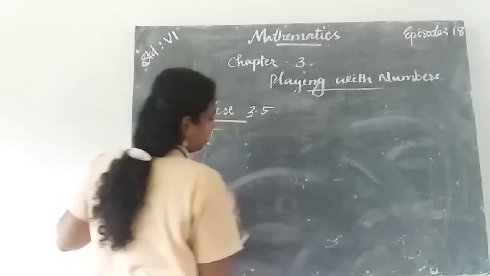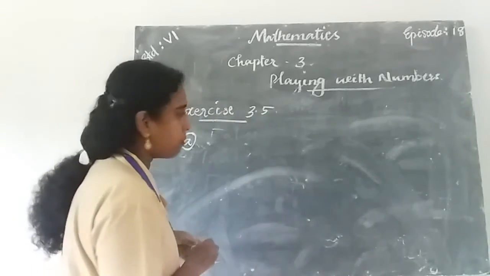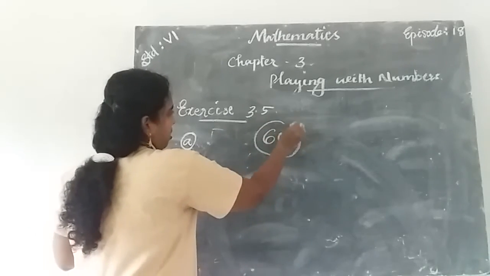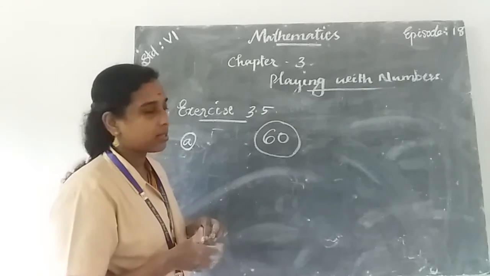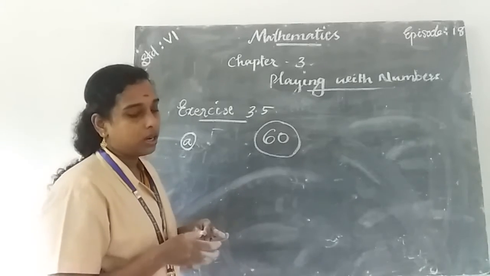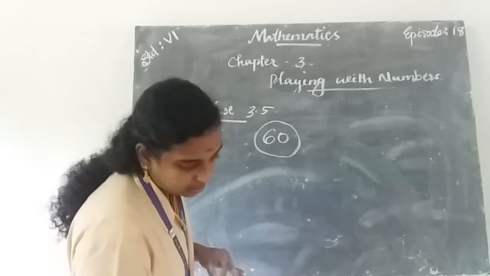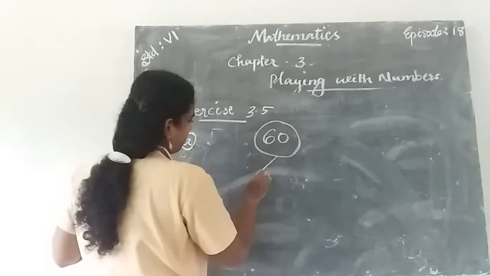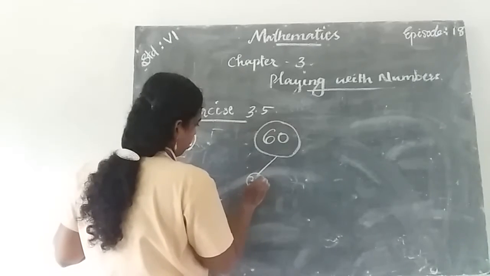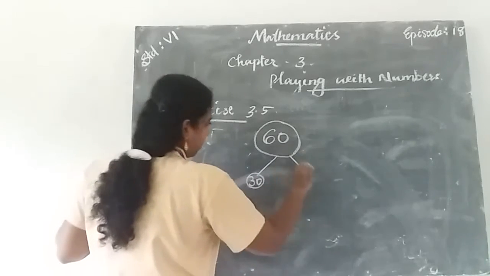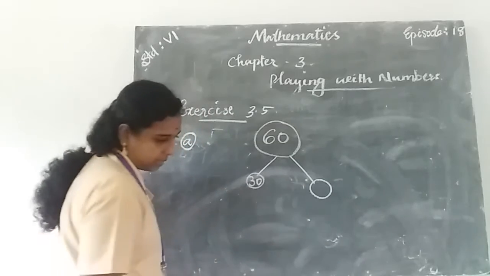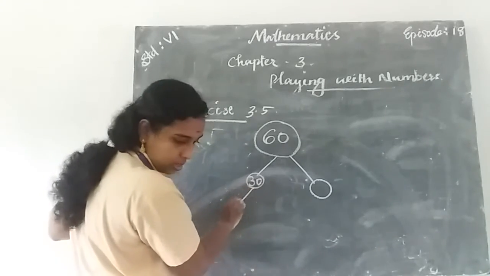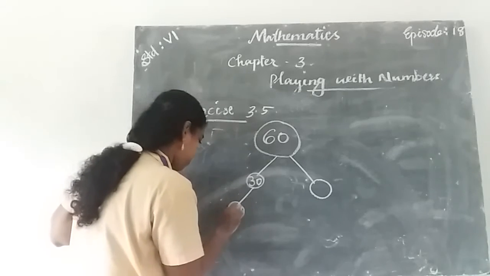The next factor tree is also about 60. And 60 can be written in factorized form as the product of two numbers, that is 6 into 10, and also in another form. Here 30 is given, and here is a missing digit, and here 10 is given.